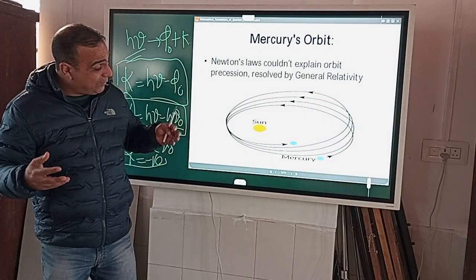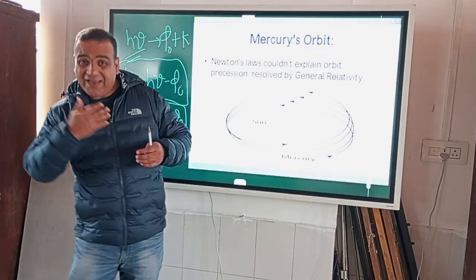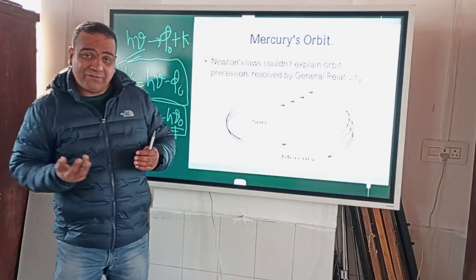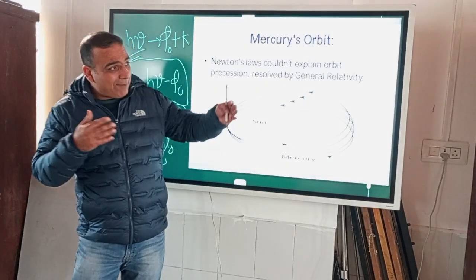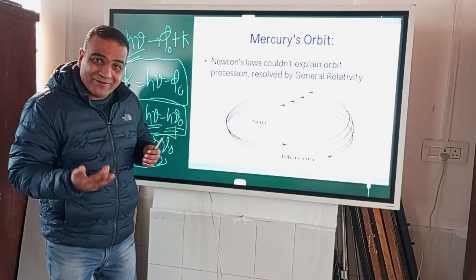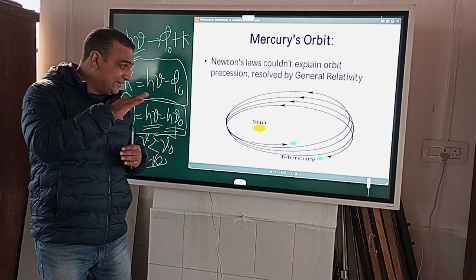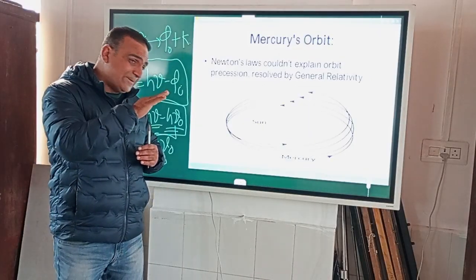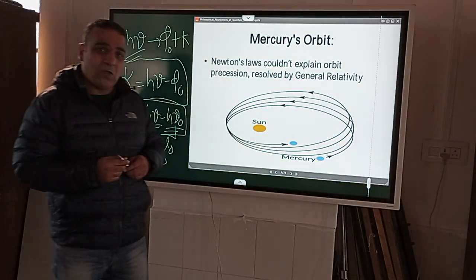We fail to explain the geometrical dynamics of Mercury around the sun. At times when you look towards Mercury, it seems to be going in the backward direction, and the tilt that Mercury has cannot be explained using Newtonian laws.